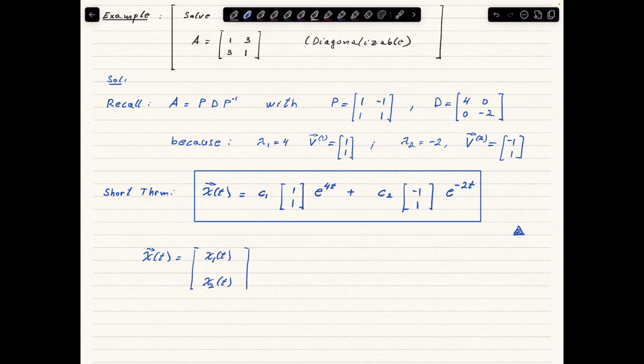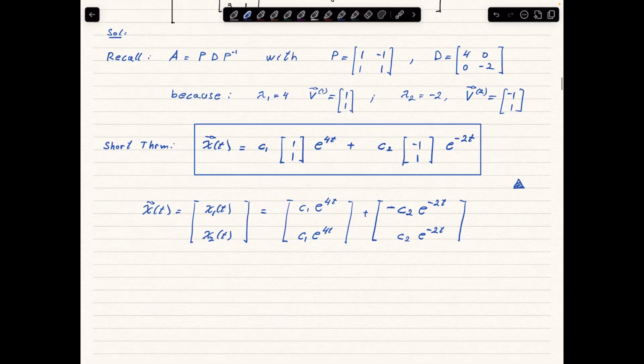Okay. And now from the solution, we know what x1 and x2 look like. C1 exponential 4t, and here C1 exponential 4t, and to that we need to add the vector negative C2 exponential negative 2t, and then C2 exponential negative 2t. This is the other vector.